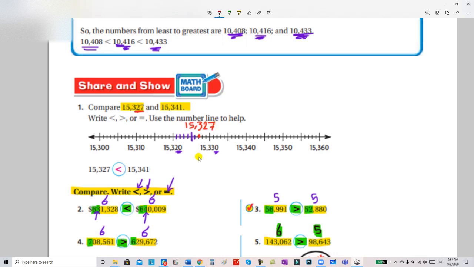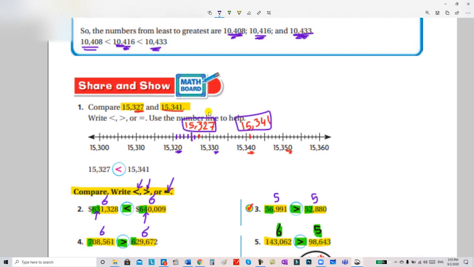So this is our number, 15,327. What about the next one? 15,341. 41 is between 40 and 50. So 41 will be just here. So we are going to compare between these two numbers by using the number line.